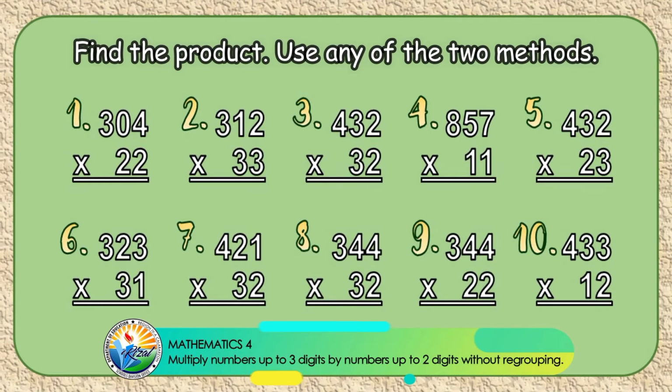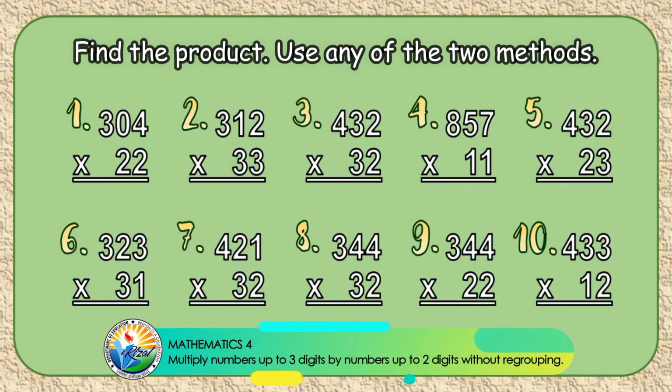Number 2, 312 times 33. Number 3, 432 times 32. Number 4, 857 times 11. Number 5, 432 times 23. Number 6, 323 times 31.